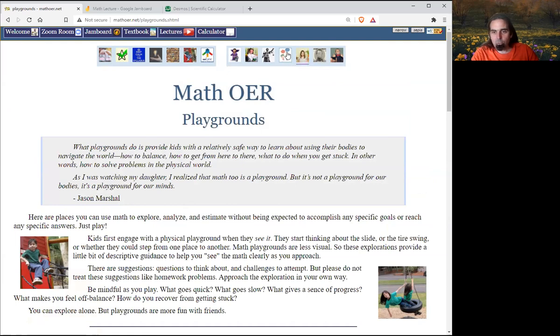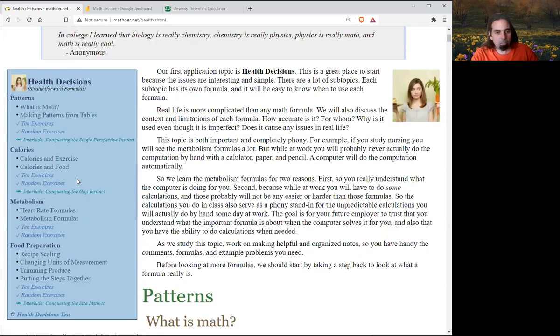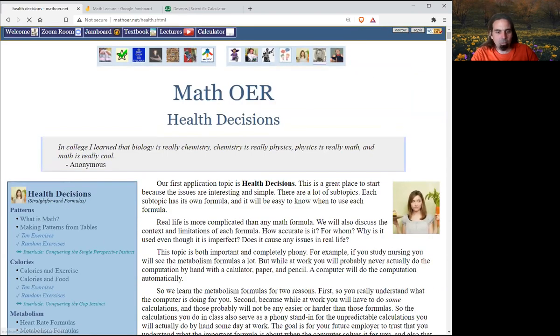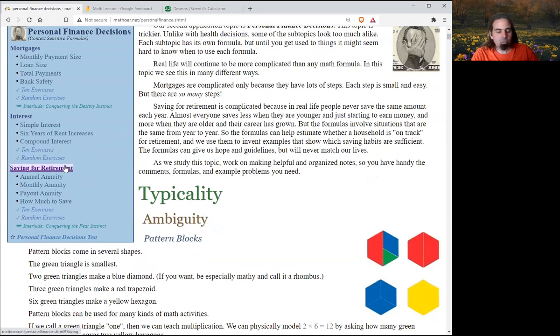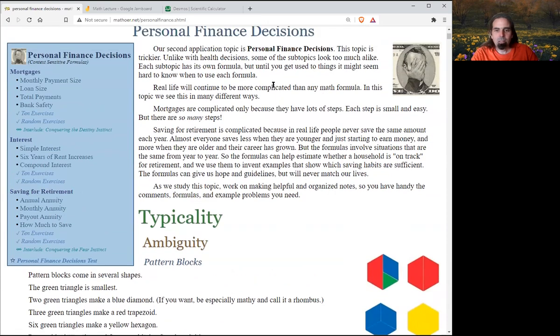Or we have these other 4 topics at the end, the describing data, health, personal finance, and business decisions. So you could look there and say, I want to talk about calories or heart rate formulas or scaling recipes, or I want to talk about saving for retirement because my aunt and uncle want to talk about that with me, or whatever it is.